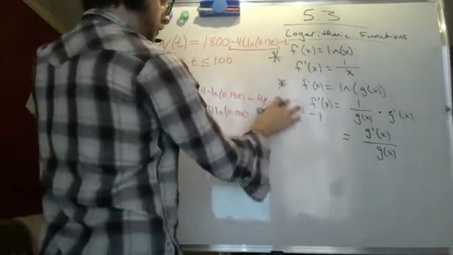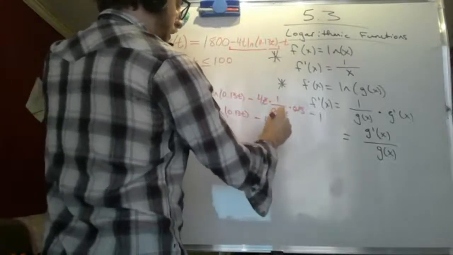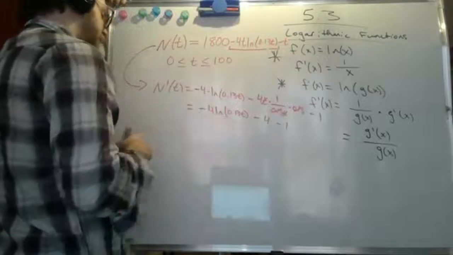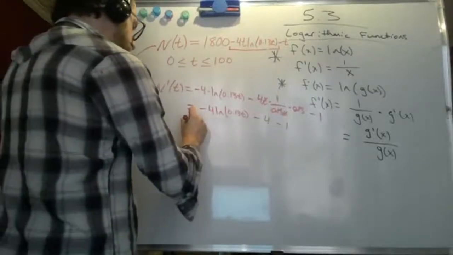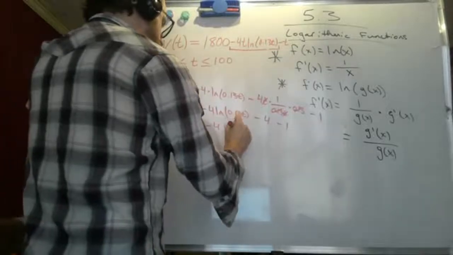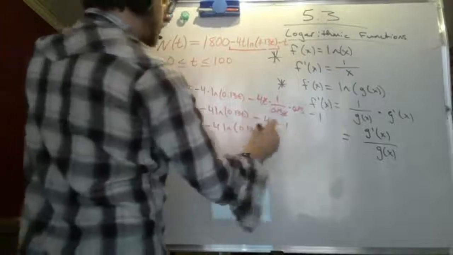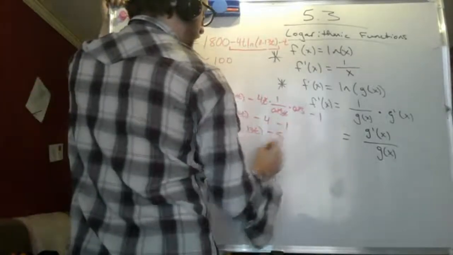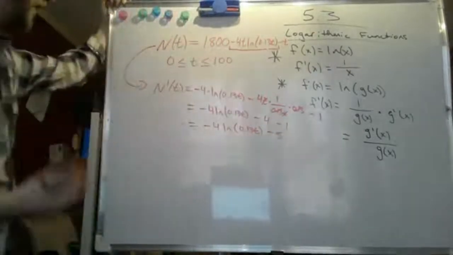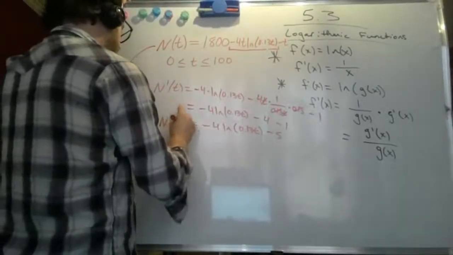So for this middle term right here, we're actually going to be left with negative 4 and then minus 1 on the end. So that cleaned up very nicely. And then, so we've got negative 4 times the natural log of 0.13t. And then negative 4 minus 1, that's just negative 5. And that's it. This is our first derivative. This is n prime of t.